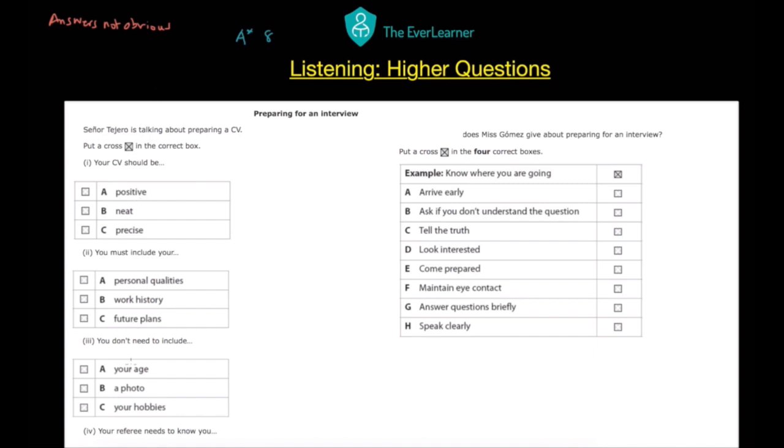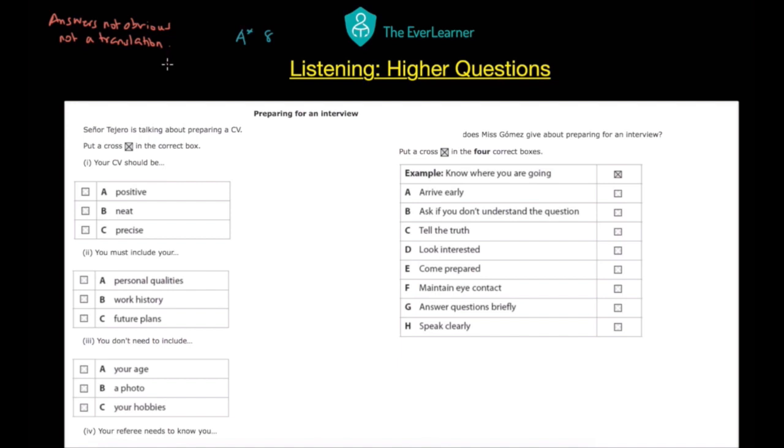And what do I mean by this? That when I have a little brainstorm of what vocabulary I may hear, the vocabulary I hear will often not be a translation, okay? It won't be the literal translation of positive. In Spanish it will be positivo, precise will be preciso, okay? So very often it won't be a direct translation, so worth bearing this in mind, okay?